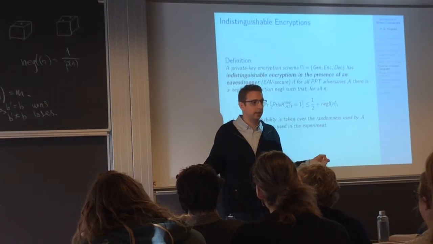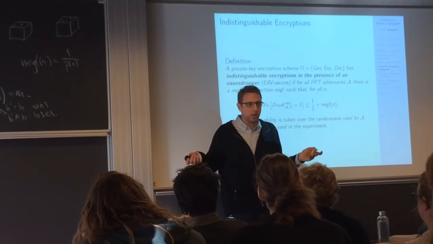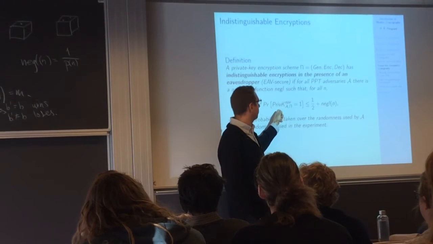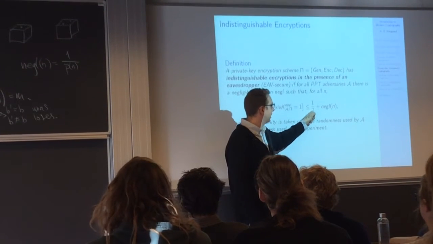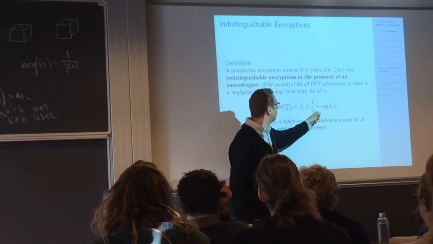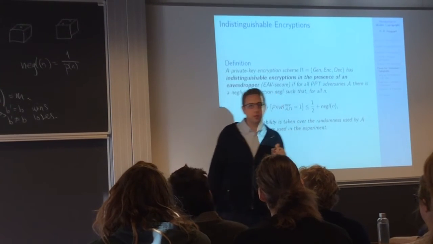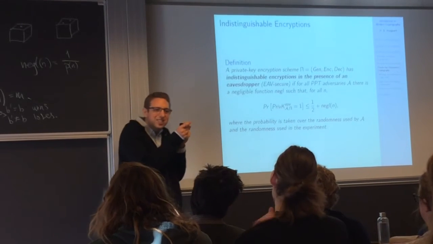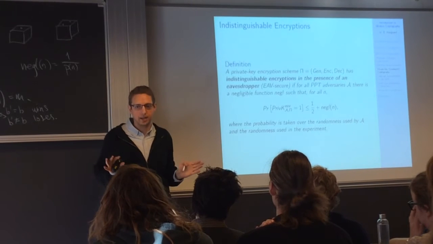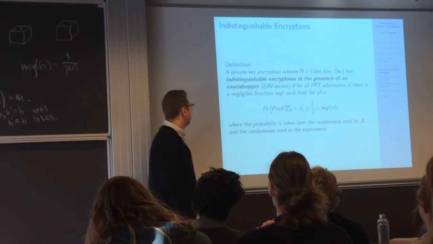And it might guess correctly on the first try, who knows, but it's a very slight possibility. And what we say is that the success probability is going to be less than a half. Remember, before it was equal to a half, but now it's less than or equal to a half plus negligible probability. So it's slightly worse than before, but not a problematic amount worse. Okay.